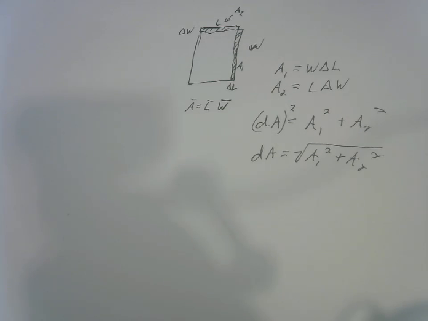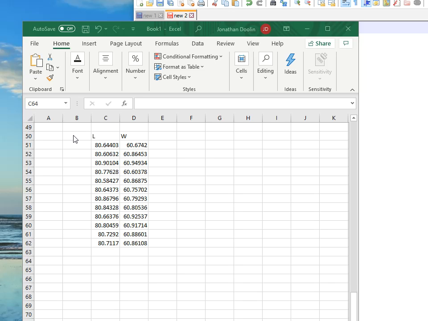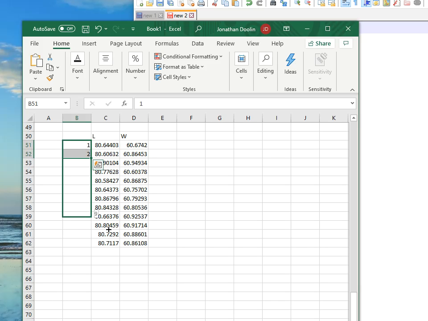So how would I do this on a spreadsheet program? Well, let's say we have these 12 measurements, and I'll count those, for the length and the width. So we'll say the mean, the standard deviation, and the standard error of each of these things.